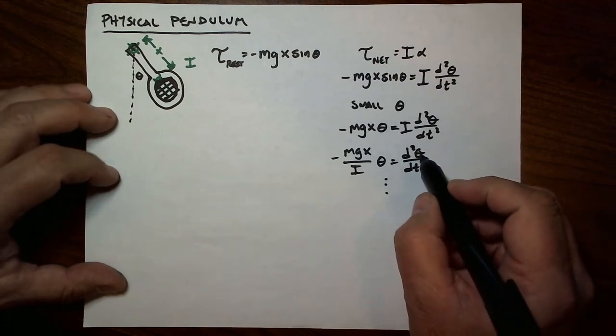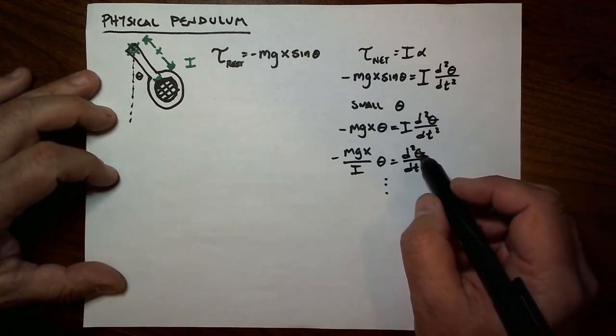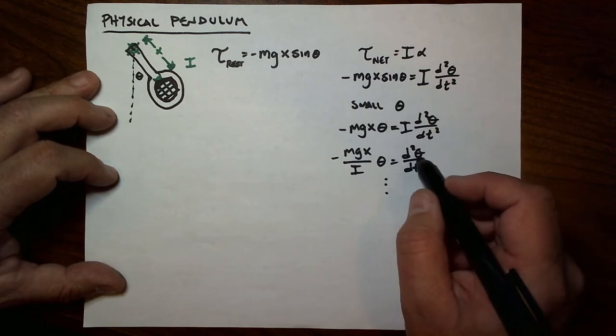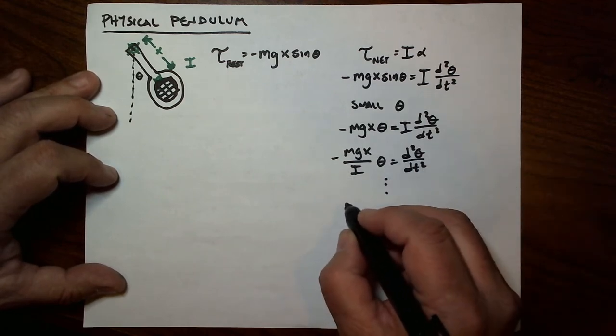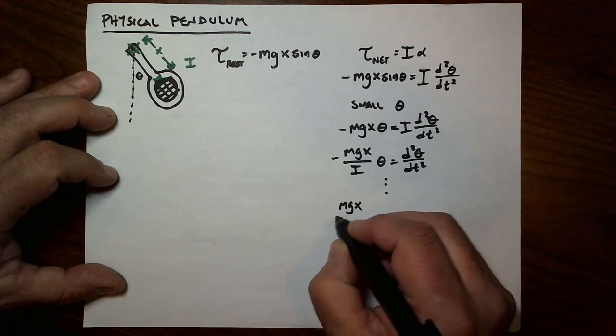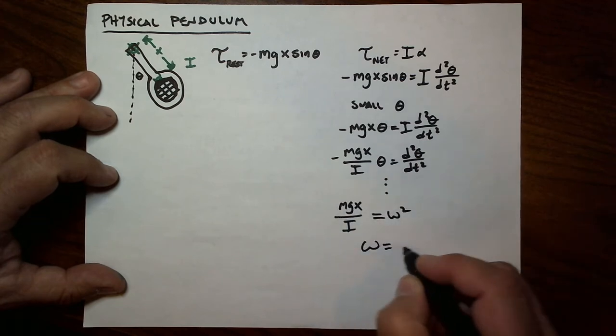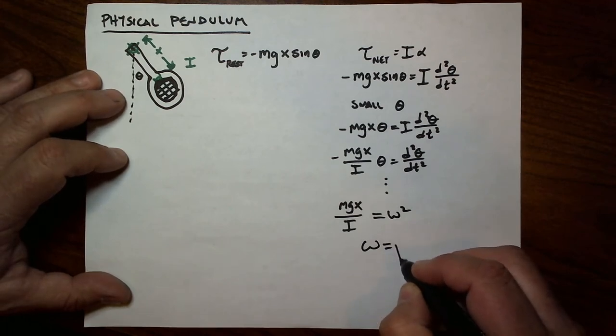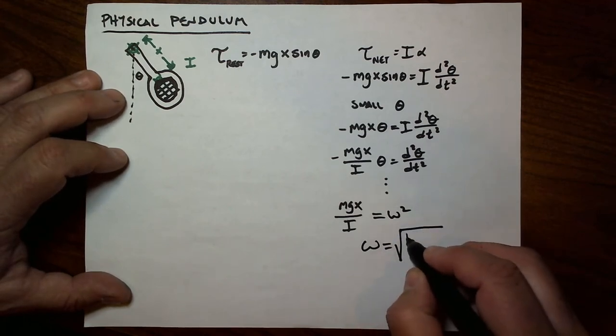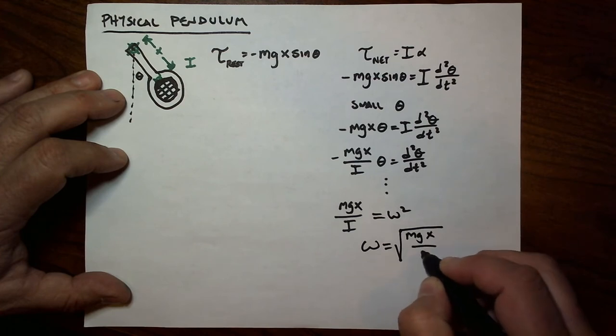The effect of the two derivatives is to pull out two omegas, omega squared, and a minus sign. The minus sign cancels this minus sign, and we're left with mgx over I equals omega squared, or omega for this situation must be the square root of mgx over I.